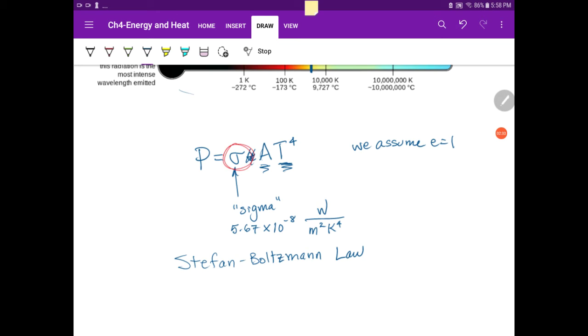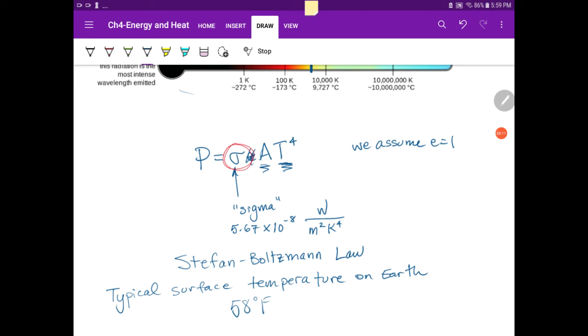And we can do an example, which is going to become important later on in the textbook. The power that is radiated away from the Earth is because the Earth is at a particular temperature. So we know that the typical surface temperature of the Earth is about 58 degrees Fahrenheit.